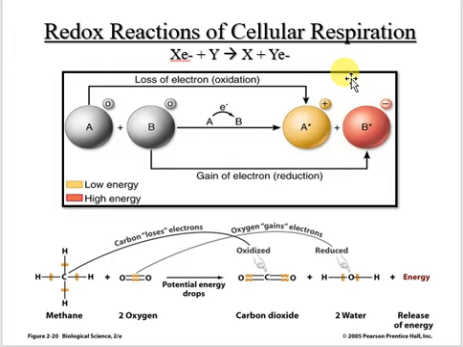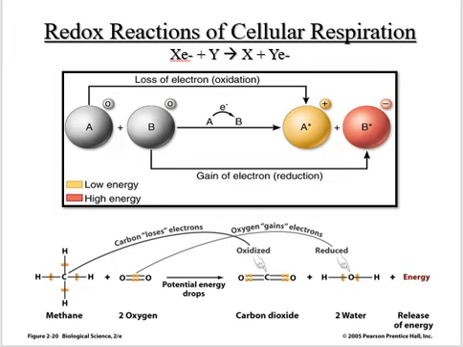The other major type of reactions in cellular respiration are called redox reactions, which I've been hinting at a little bit throughout the lecture up until this point. In many chemical reactions, there is a transfer of electrons from one reactant to another. These transfers are called oxidation reduction reactions, or redox for short.